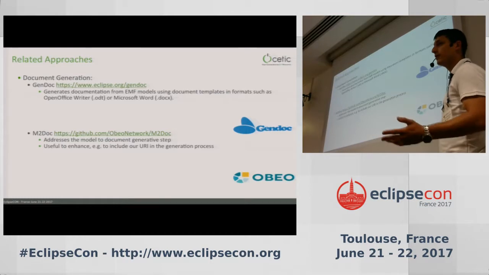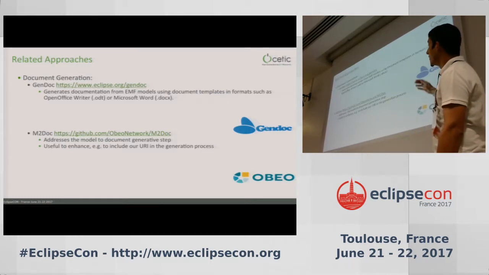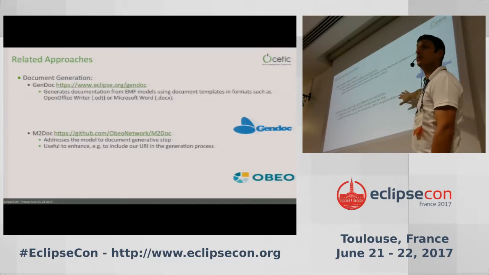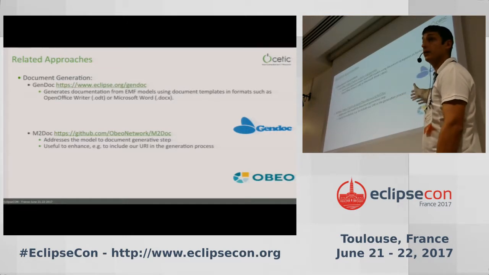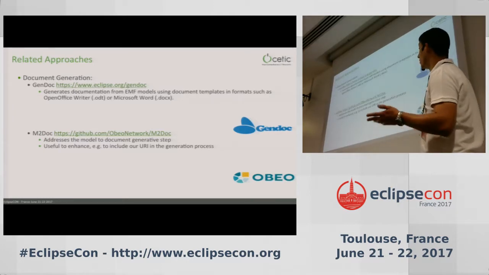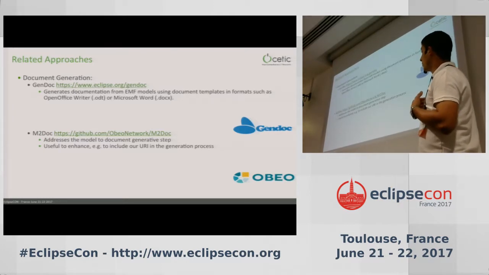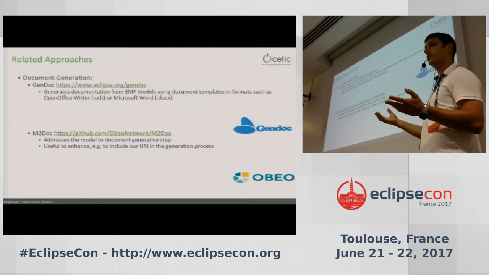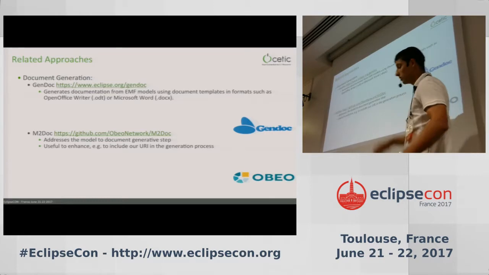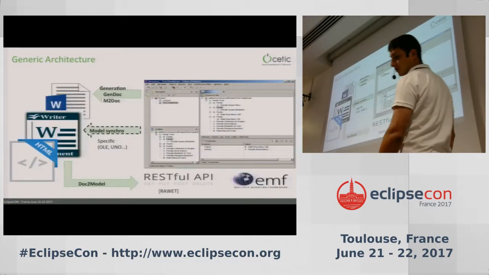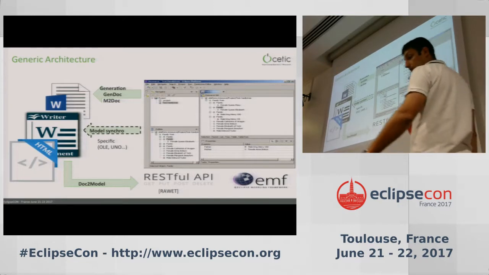It is probably not the good choice, because now you have M2Doc. There was a presentation made yesterday, and I think it is the best one for now in our case, because we need to run and generate the document outside Eclipse, and it probably provides the functionalities that you want.